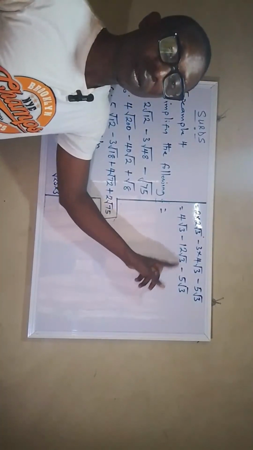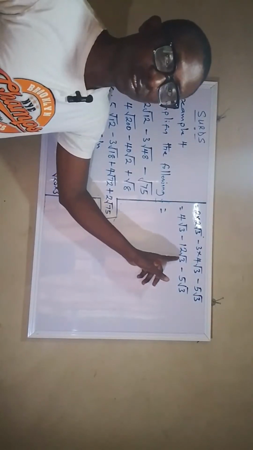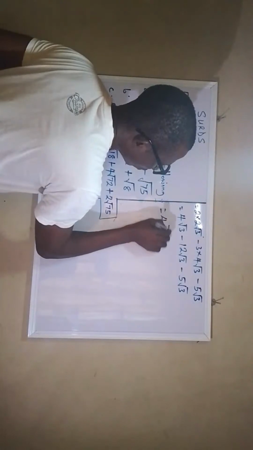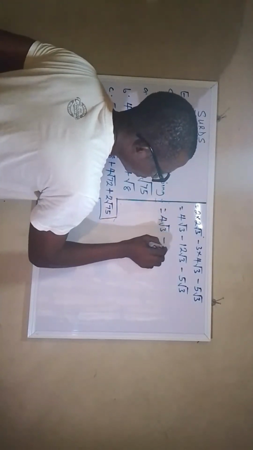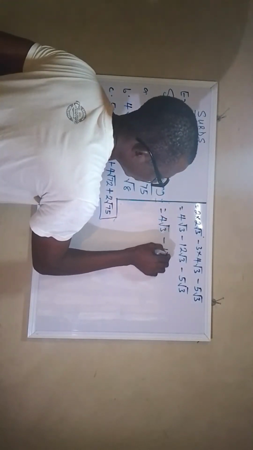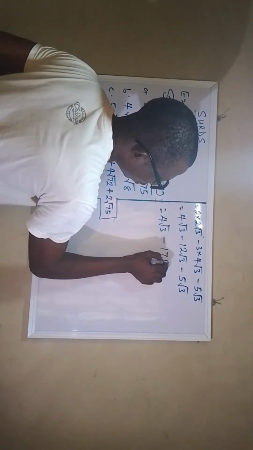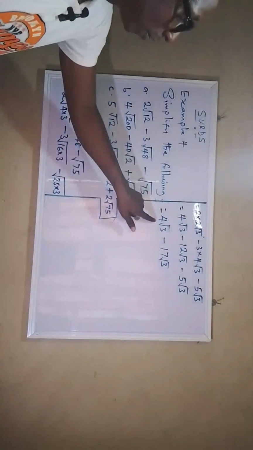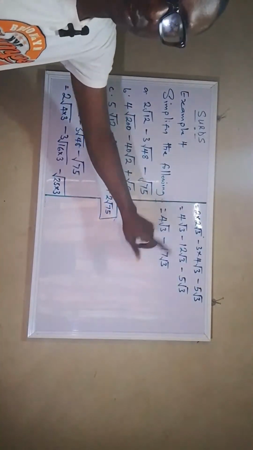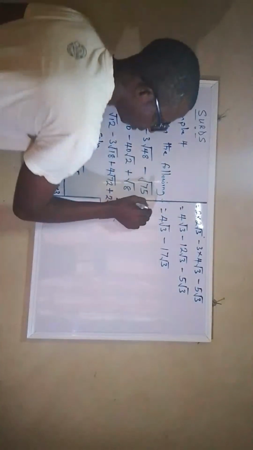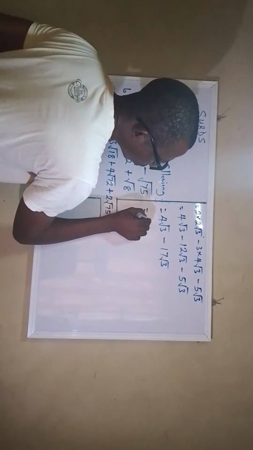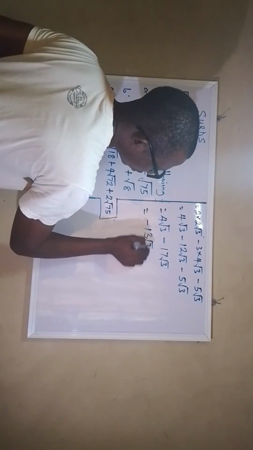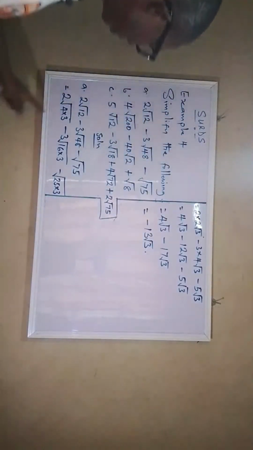So that's going to be minus 17 square root of 3. So this becomes 4 square root of 3 minus 17 square root of 3. So now we have 4 minus 17. So we'll be having minus what? Minus 13 square root of 3. So this is going to be the answer to this first question.